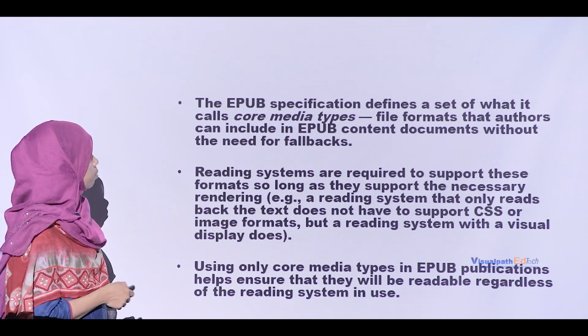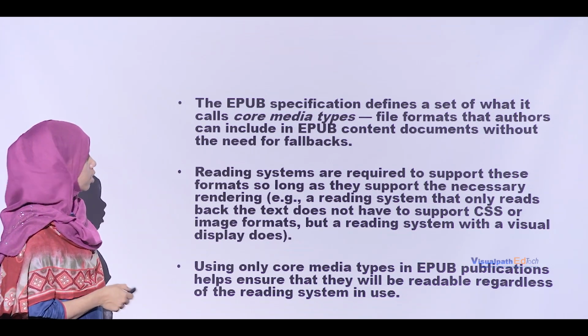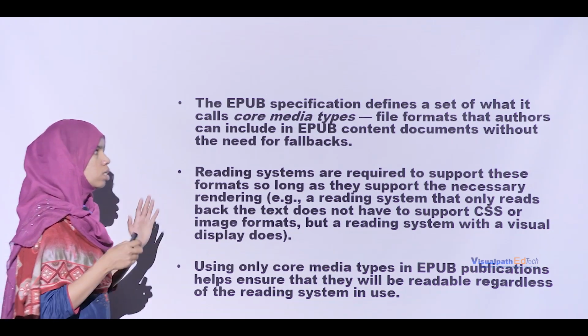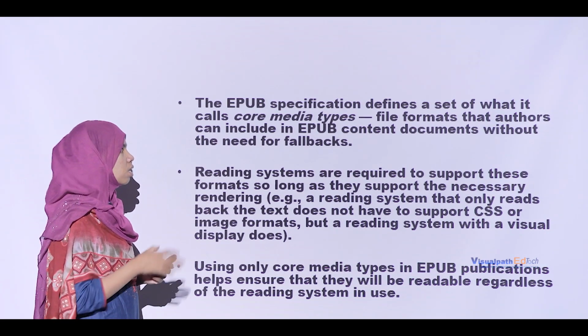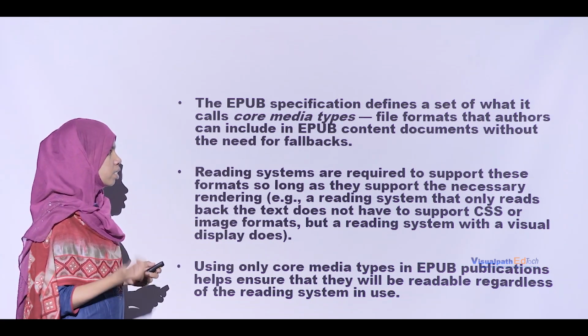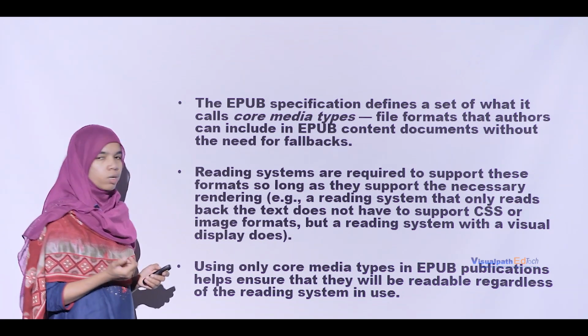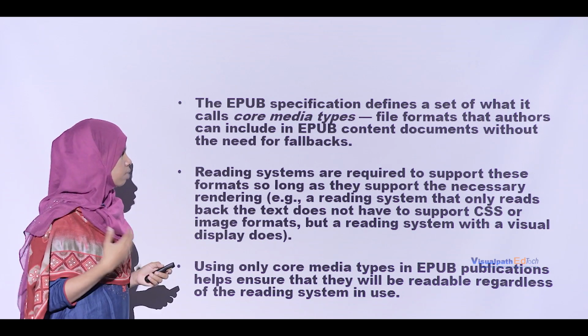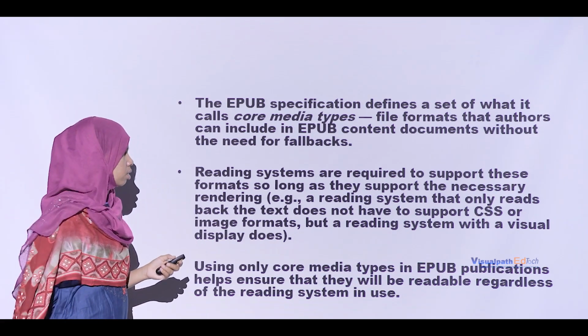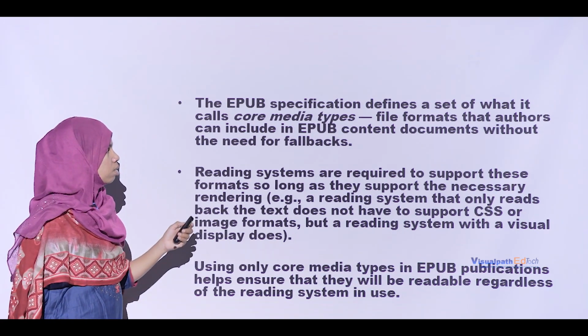The EPUB specification defines a set of values called the core media types. These are the file formats available for maintaining the contents of the documents without the need for fallbacks. Even with continued usage of the media, there should not be any fallbacks.